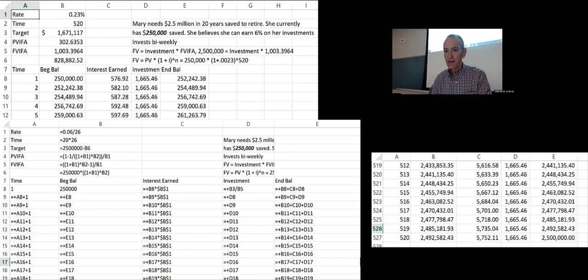The future value of the 250 is going to be worth that. Anybody agree with that? The 250 is going to be worth 1 plus 0.23% raised to the 520th. Anybody see what I'm doing there?